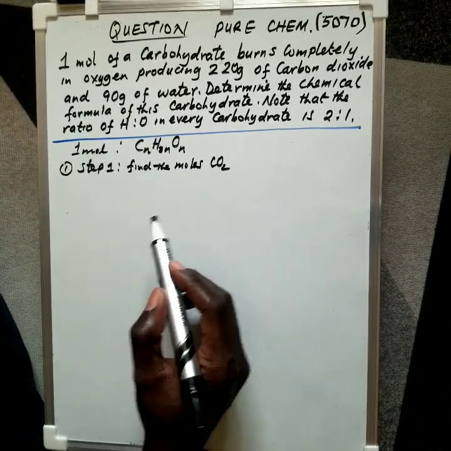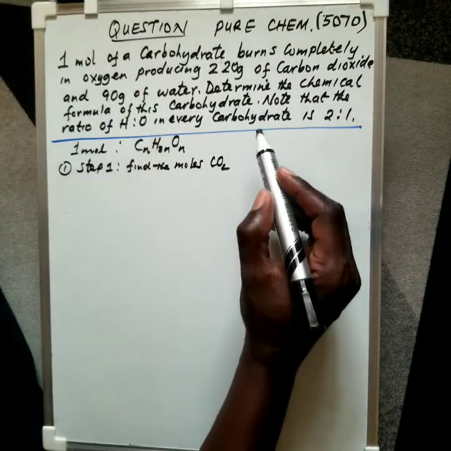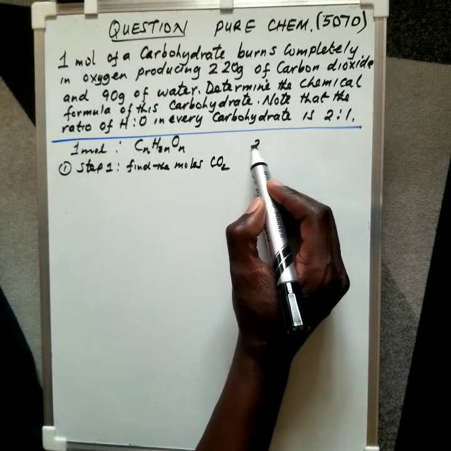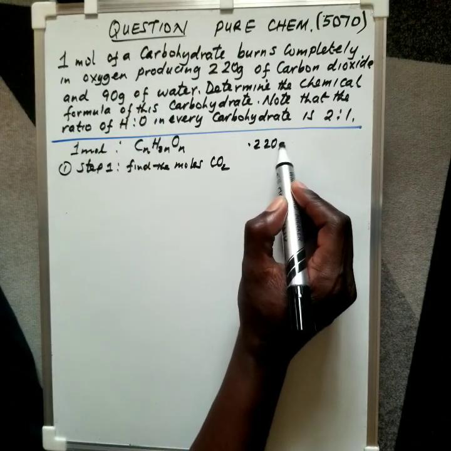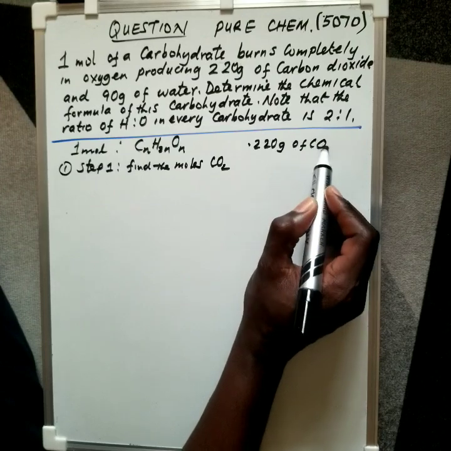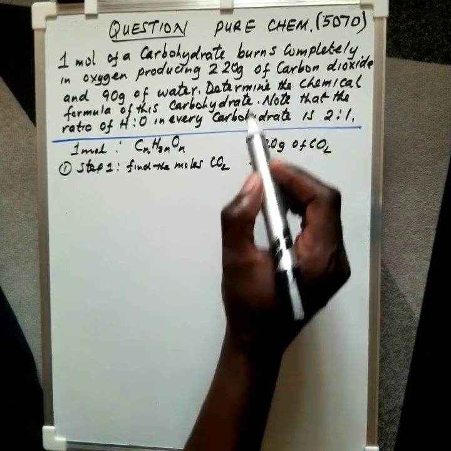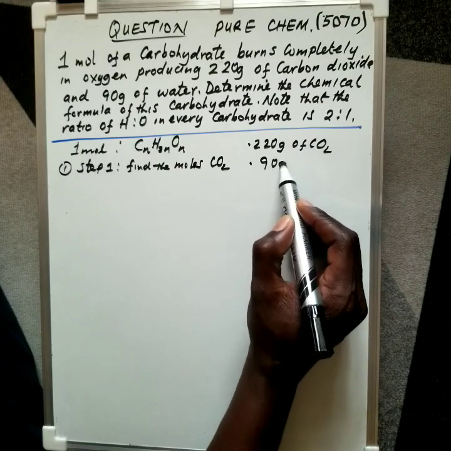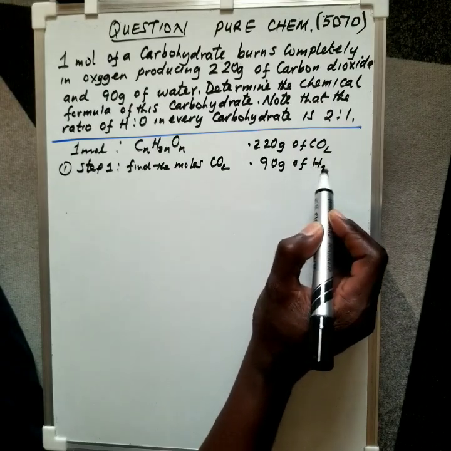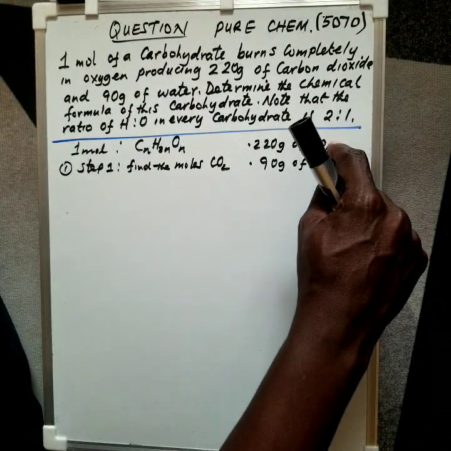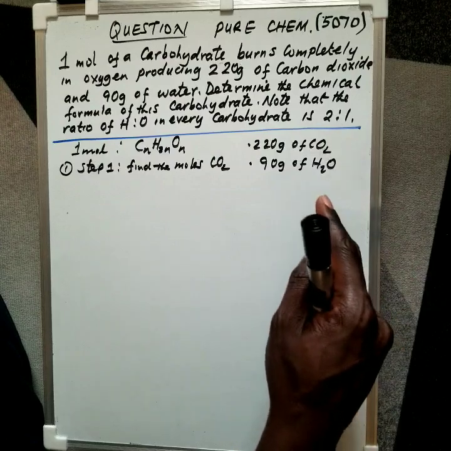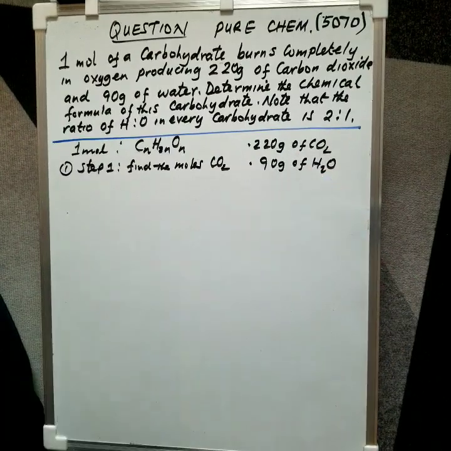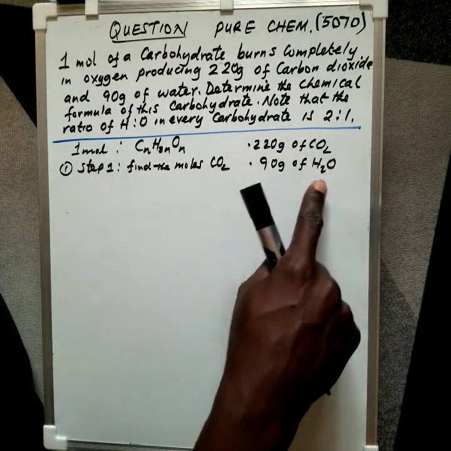So how many moles of carbon dioxide? In the question, they gave us 220 grams of CO2, and they have also given us what was produced, 90 grams of H2O. So you need to find the number of moles in carbon dioxide and the number of moles in water.